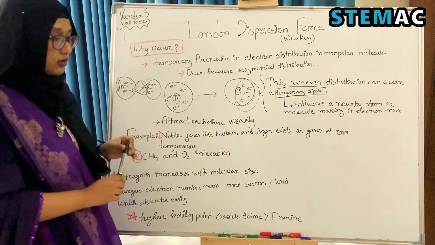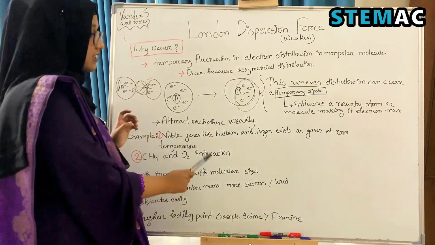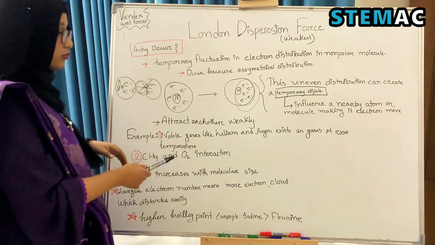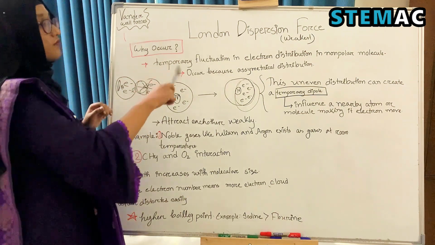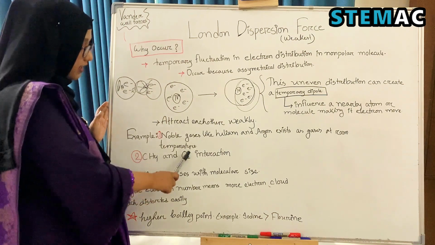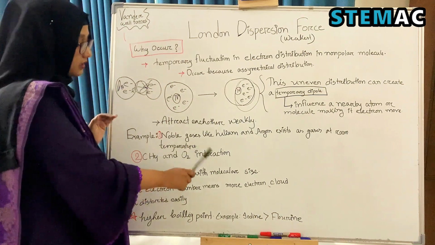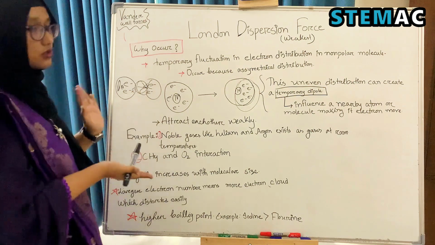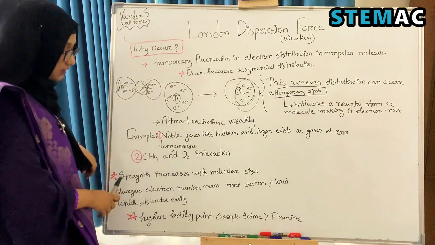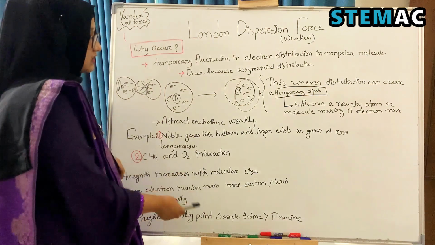For example, noble gases like helium and argon exist as gases at room temperature because of London dispersion force, and interaction in methane, CH4, and oxygen happens because of this London dispersion force. An important highlight here: this trend increases with molecular size.